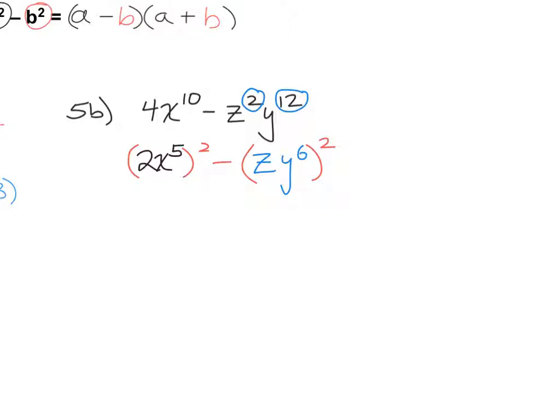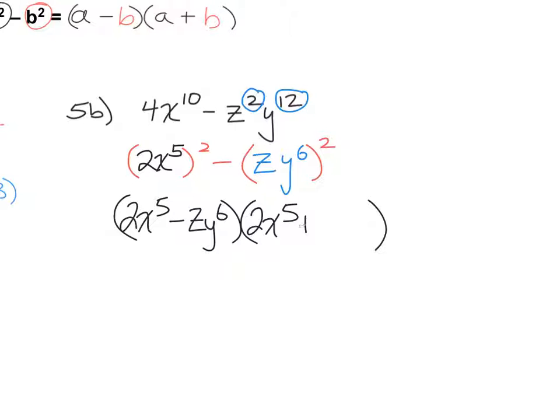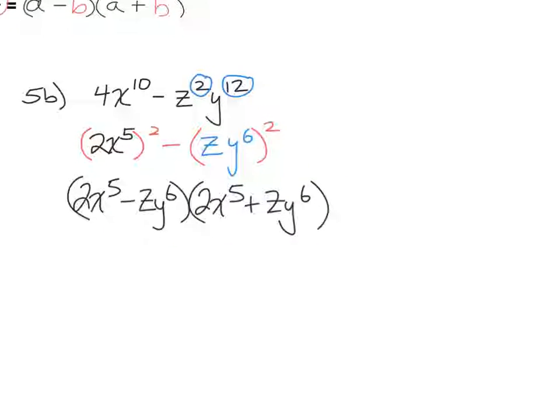So you're left with something equivalent to what you started with. All right? So then my expansion here with the appropriate a and b values would be 2x to the 5th minus zy to the 6th, and then also 2x to the 5th plus zy to the 6th. All right, good question.